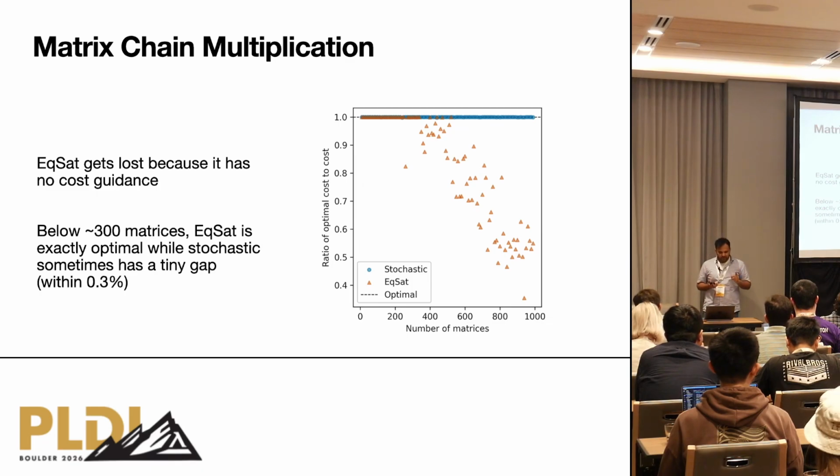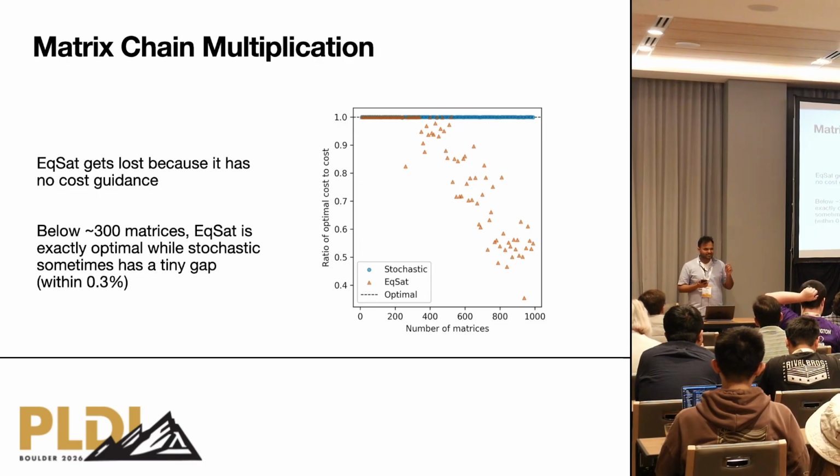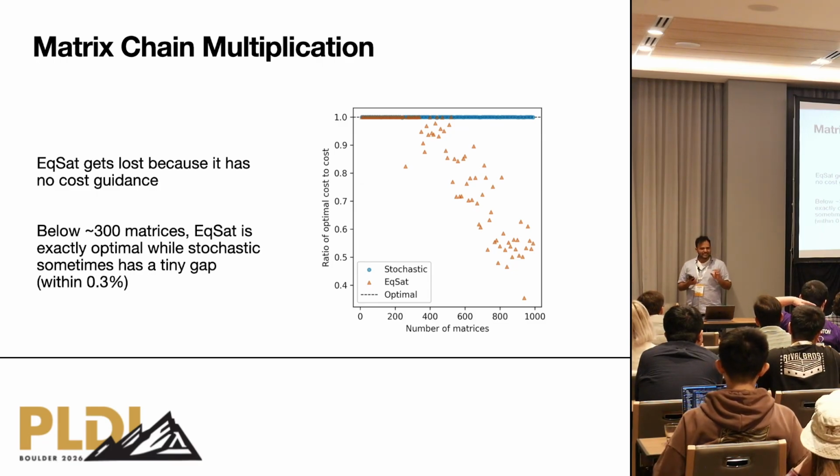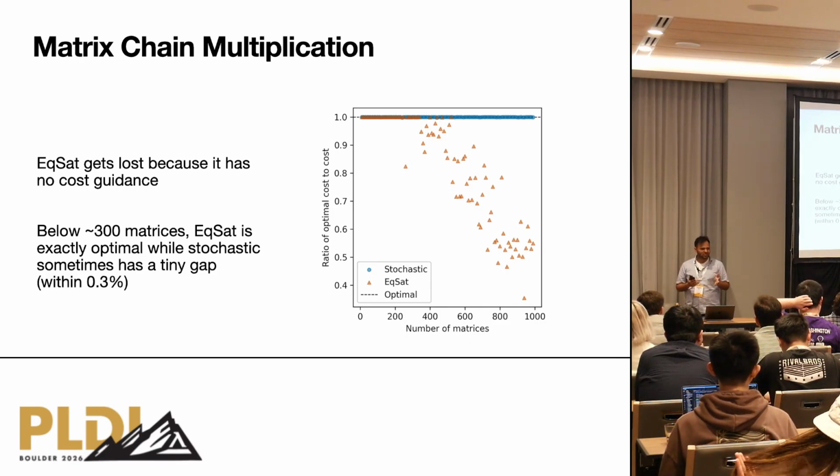I also want to point out one more interesting thing, which is that below 300 matrices, in the regime where both techniques are about the same, EqSat usually finds the optimal, where stochastic will sometimes find something that is only close to optimal, but not exactly optimal. And this difference was about 0.3% in our experiment. So there is a bit of a difference in how they perform.